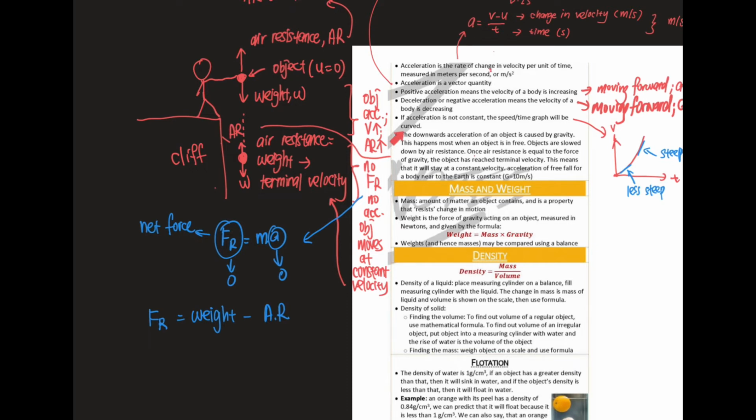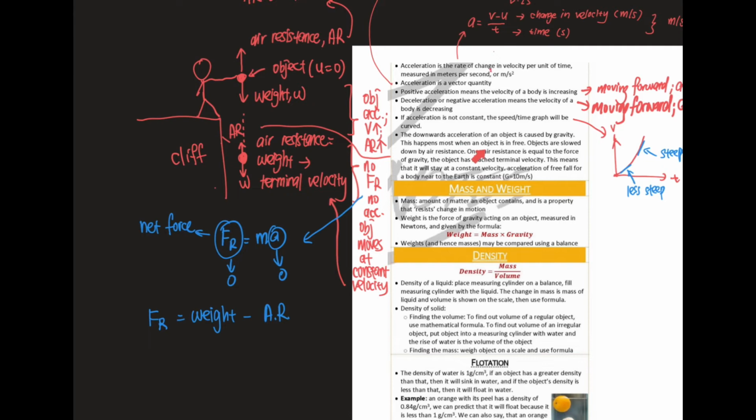Now you see the words again. Okay, we start again. The downward acceleration of an object is caused by gravity. So gravity causes weight. Weight causes downward acceleration.